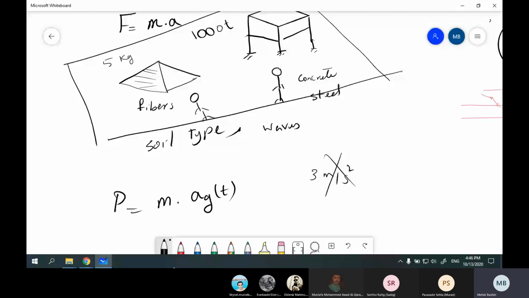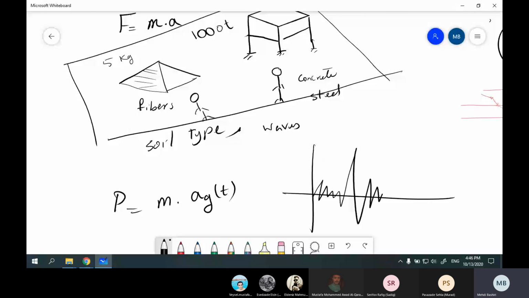For example, I showed you once, this is the acceleration. At t equal to 5 seconds we have this acceleration, at 10 seconds we have this acceleration, at 15 seconds we have this acceleration. So we don't have a constant or uniform load.